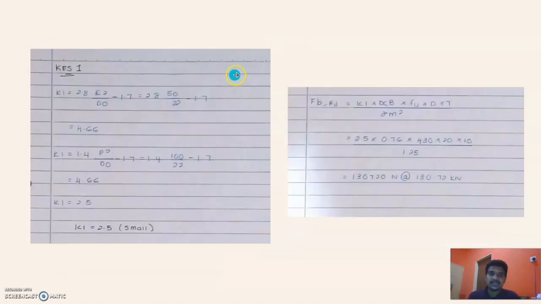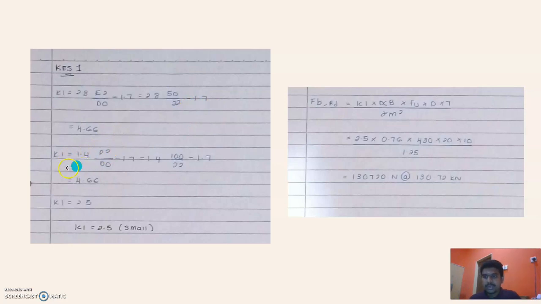Continuing, we want to search k1. k1 is 2.8 e2 over d0 minus 1.7. e2 is 50, d0 is 22, and again minus 1.7, we get 4.66.